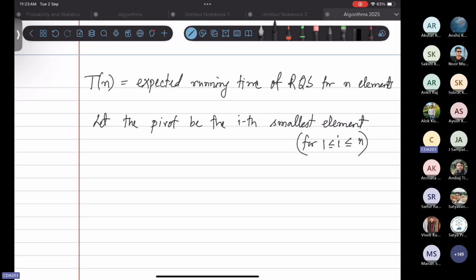So ith smallest. Right? So if I choose the ith smallest element, what would be the partition? Then the partition will be like, I'll have the ith smallest element there.